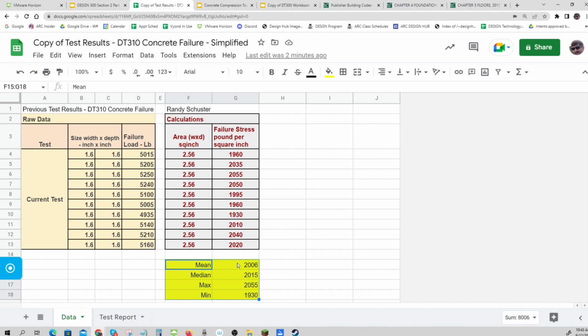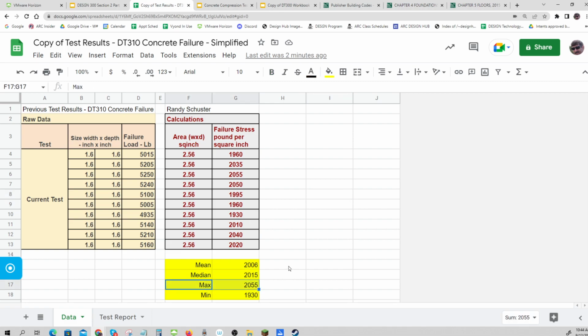So again, mean, that's the average that we know. Add those all up and divide by how many there are. Median is the number so that the same number of values are above as are below. Normally, you'd have to sort this and put it into a sorted range, but we don't have to do that when we have a spreadsheet.